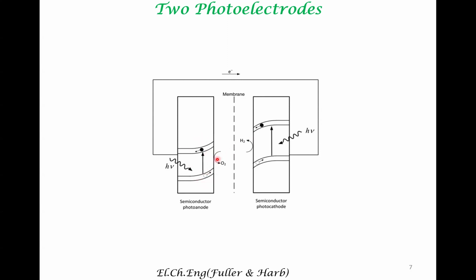If you notice the band edges, the band bending is different here. This is an N-type semiconductor. Here you'll have a P-type semiconductor. So all the issues which we dealt with on band bending have to be put together to understand this kind of system. This also looked promising, but eventually did not give rise to a large-scale commercial technology.